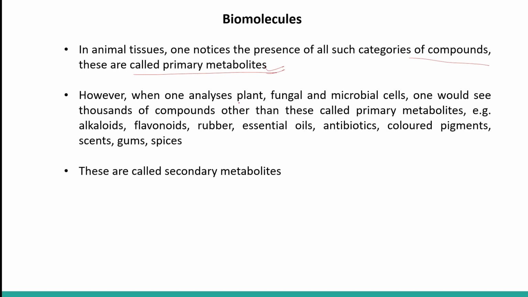However, when one analyzes plant, fungal and microbial cells, one would see thousands of compounds other than these primary metabolites. Those are alkaloids, flavonoids, rubber, essential oils, antibiotics, colored pigments, scents, gums and spices. These are all secondary metabolites.